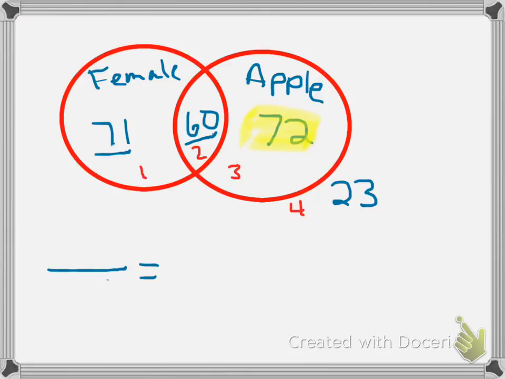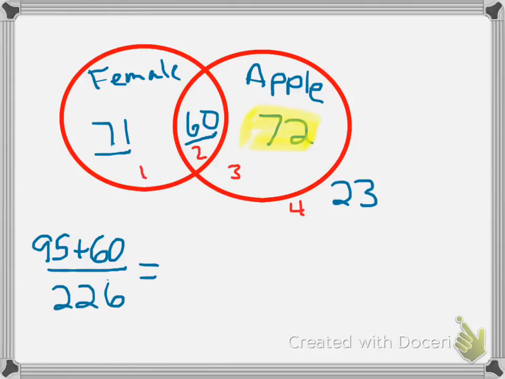Moving right along, our next question, what is the probability that a randomly selected survey participant was either male or owned an Apple product? Again, we are still keeping with the same denominator, 226, but this time we need to count up all the males. We know that there are 95 males in the survey, but not only are they looking for males, they're also looking for anybody else who might have owned an Apple product that isn't a male. So we're going to take all the males, plus all the females that own an Apple product, that comes from section number 2 there, the 60, and add those two numbers together.